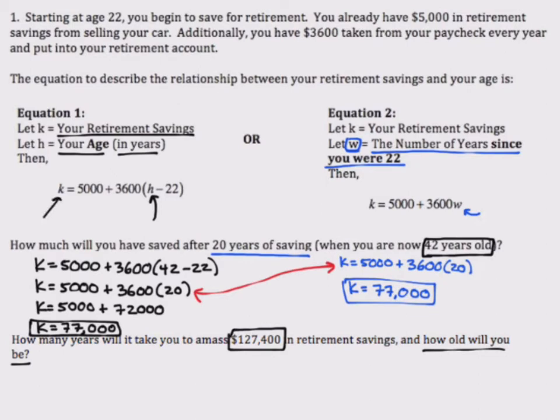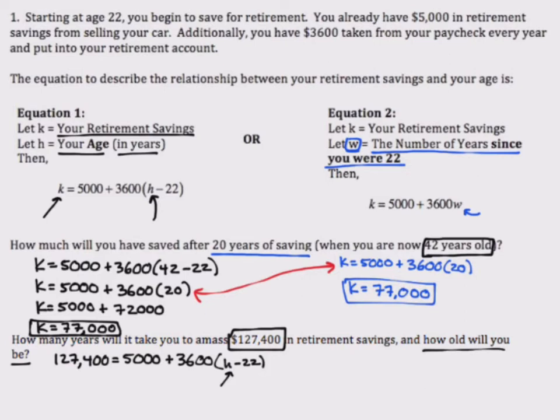So we have $127,400 equals that 5,000 we started with, plus 3,600 a year, times h minus 22. And now all we have to do is, if we can solve for that variable h, we'll know exactly how old we are when we reach 127,400 in savings.